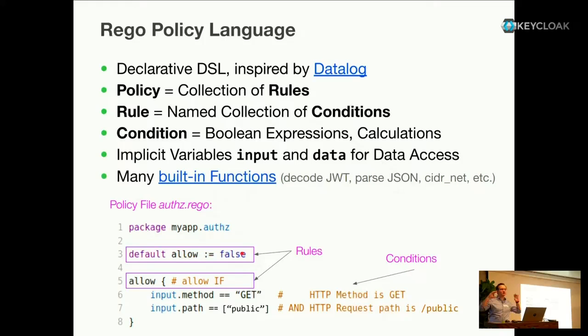So by default, we want to reject all requests if they are not matched otherwise. And in the second instance of that rule, with the same name, we say that, okay, but if the input method is GET and the input path is public, then please allow requests in that regard. So these are the conditions that we have here.